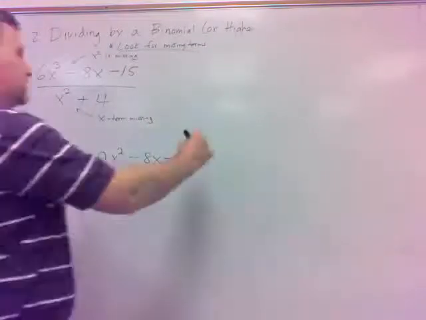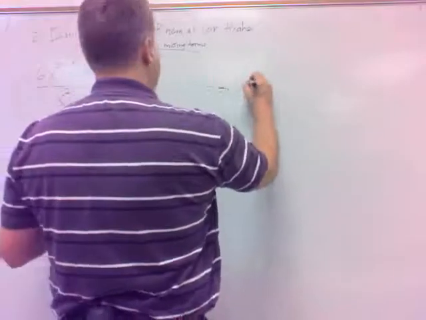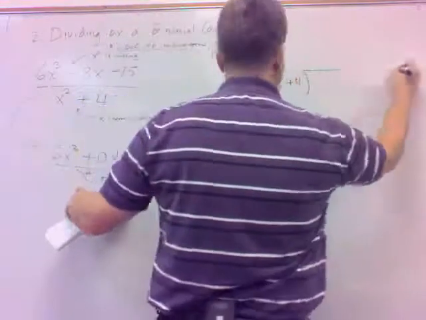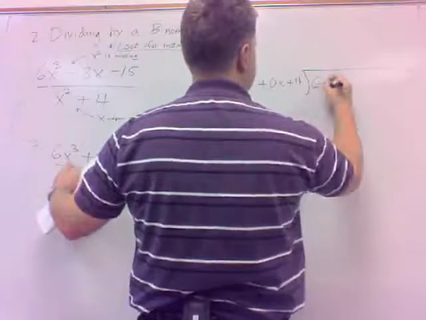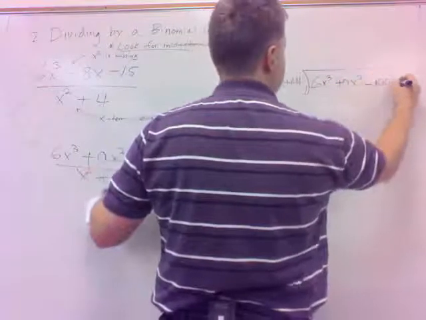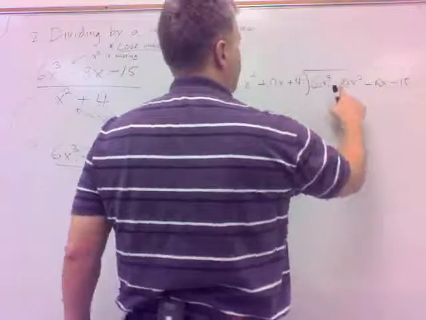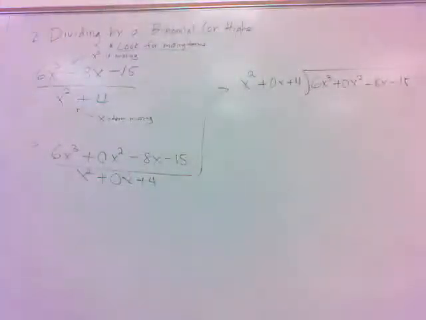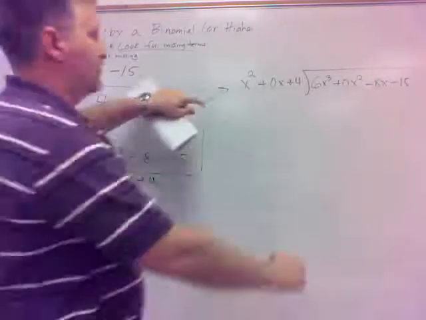Okay, so let's do this one. So let's divide x squared plus 0x plus 4 into 6x cubed plus 0x squared minus 8x minus 15. And everything will all work out well here. So how do we start?